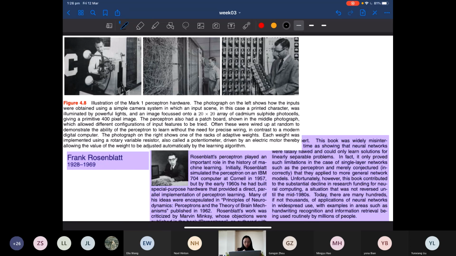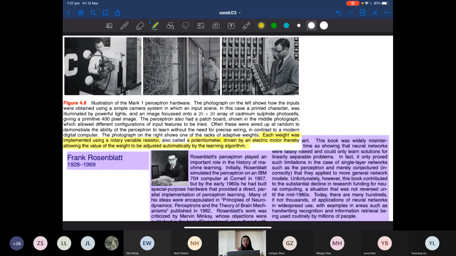Moreover, what's interesting for me was the weights. Each of the weights has a physical implementation, and each weight was implemented using a rotary variable resistor. So basically, it's a resistor with variable resistance, driven by an electric motor. It allows the value of the weight to be adjusted automatically by a learning algorithm. So learning weights was a lot more involved back in the 60s than now.